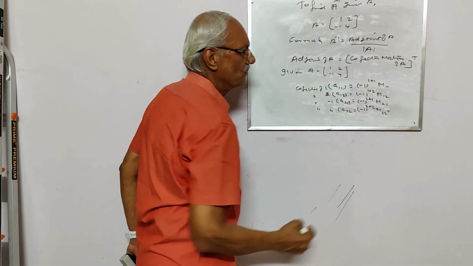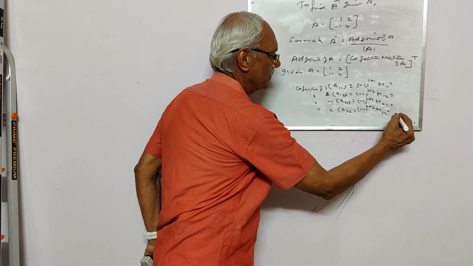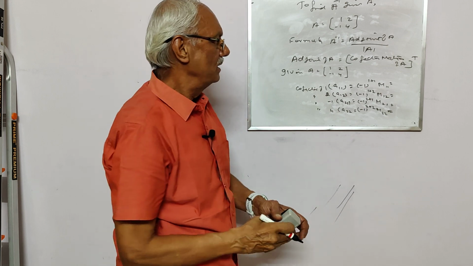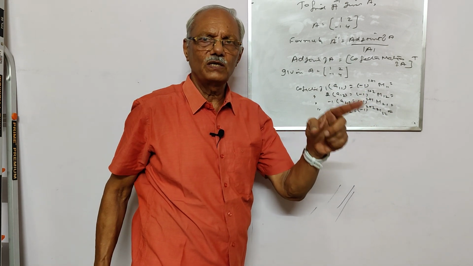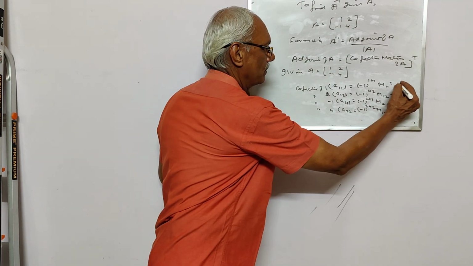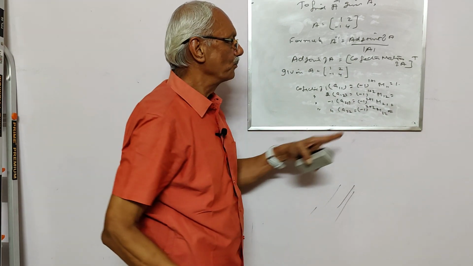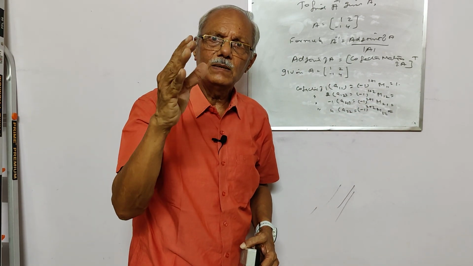Now let me find this out. Minus 1 to the power of 1 plus 1 is 2. Minus 1 squared is 1. So this is 1 into M11. I taught you the meaning of the minor.